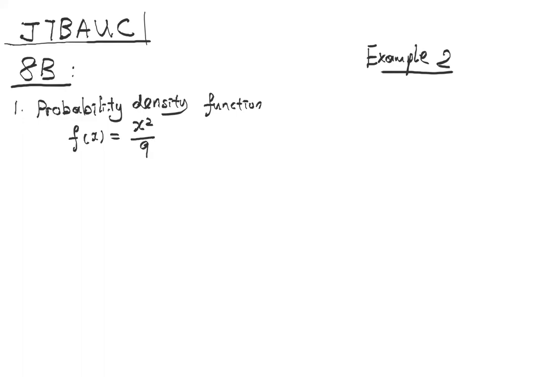When you talk about a probability function, that means you are talking about the probability of a specific value of x. So what should the probability function be? Number 1, f(x) is equal to x squared over 9. What is the criteria for this function to be qualified as a probability density function?